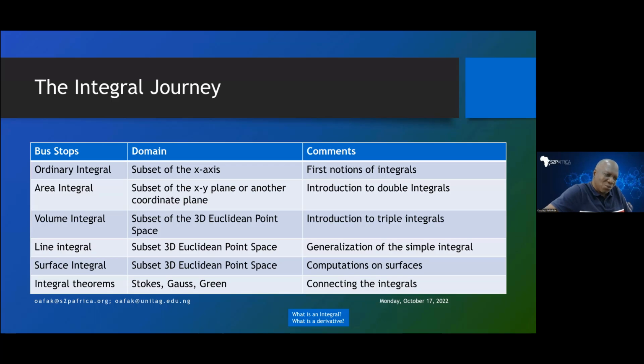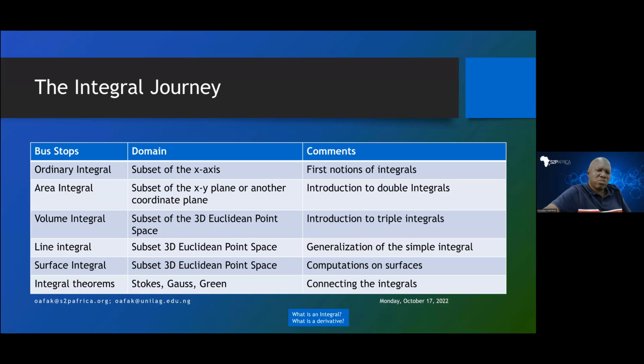But I have tried to emphasize the fact that the idea of integral goes far beyond the area under a curve. It is much more fundamental to see it as the limit of a sum, as your domain of subdivision becomes as small as possible. From there, the next bus stop was the area integral, where your domain is the subset of the XY plane or another coordinate plane, a single plane.